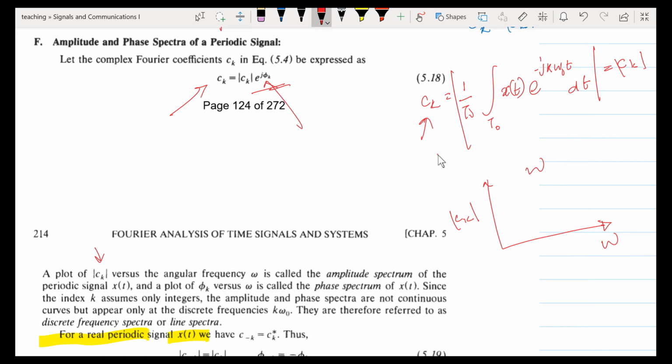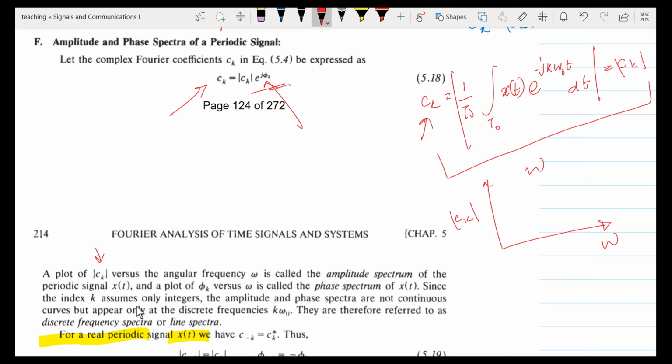the angular component that is defined as phi of k, versus omega, gives you the phase spectrum of x(t).